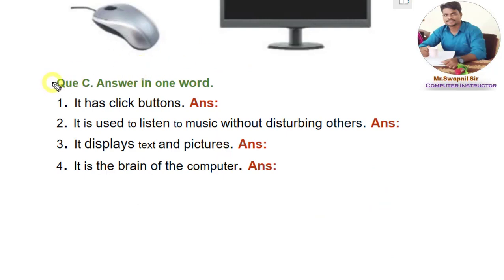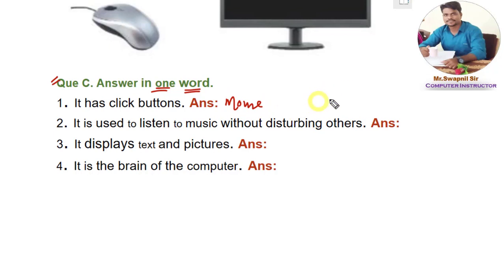Dear student, our last question is answer in one word. After reading the sentence, you will think and give me answer. Okay. So it has click button. Which component of computer system has click button? Think. Mouse. Okay, mouse has click button, that is left click button, right click button.